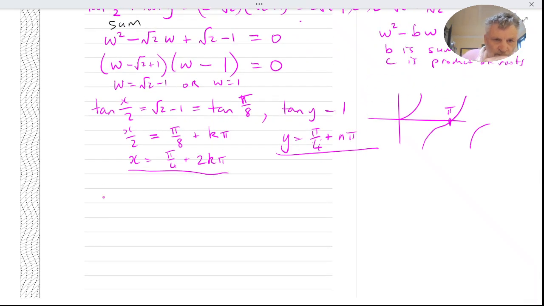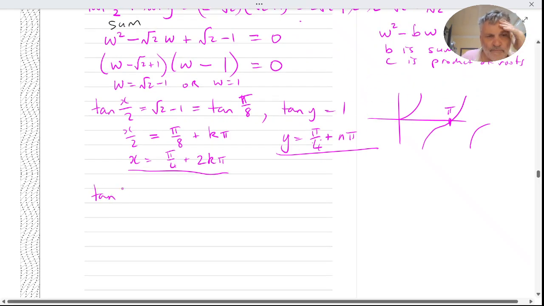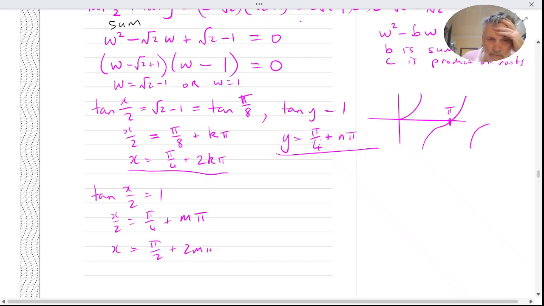The other solution that you could have is tan x over 2 was equal to the 1. So that means x over 2 is equal to pi over 4 plus, let's be inconsistent and say m pi. So this is x equals pi over 2 plus 2m pi.